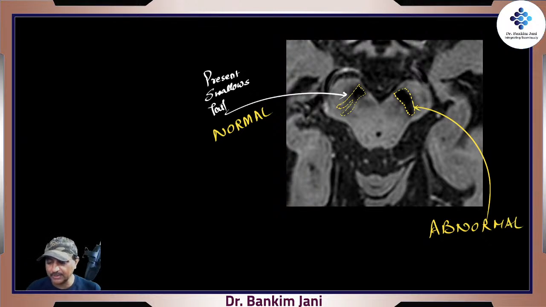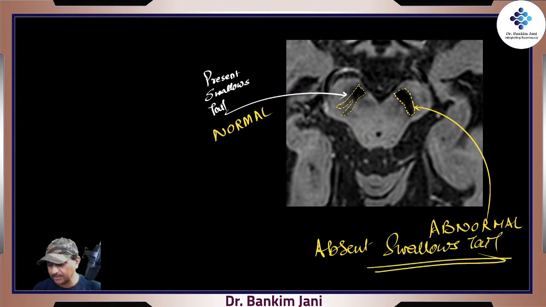What you are watching is substantia nigra. And what you are watching in between, the loss, right? That is where those nigrosomes are lost. And that's the reason it gives this appearance, right? This is abnormal. That is the absent swallow's tail sign.